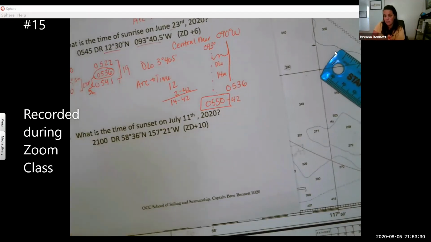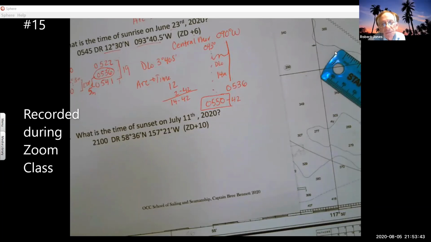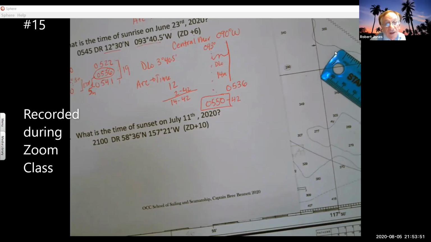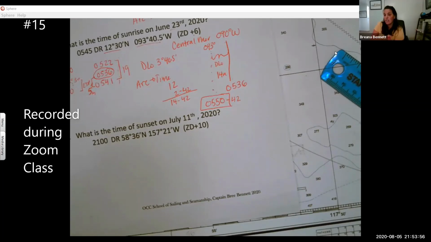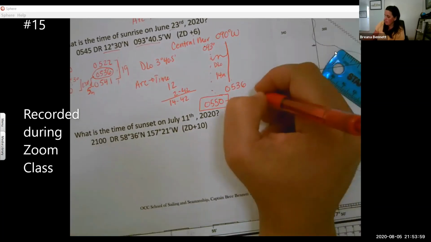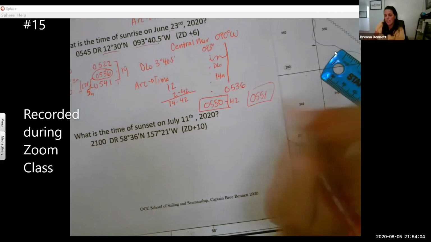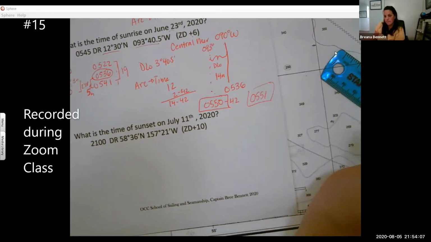So I just go to the earlier time so that I'm out there with a little time to spare rather than missing it. Which is only like 1 minute. You should be out there maybe 5 minutes before that anyway. I don't know if the Coast Guard has these kind of questions or problems, but if you were doing Coast Guard, the answer would be 0551. Coast Guard, it's going to round to the nearest. Round up. Okay, great.